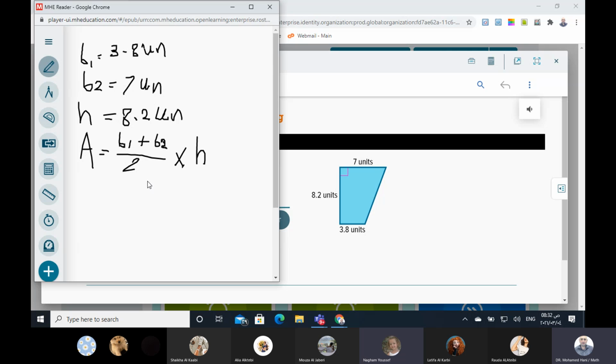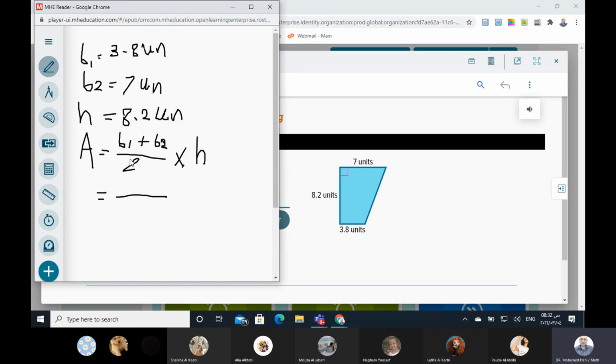And how to find the area? Start from the formula. The formula to find the area of the trapezoid: A equals P1, the small base, plus P2, the big base, divided by 2, times the height. Then substitution.